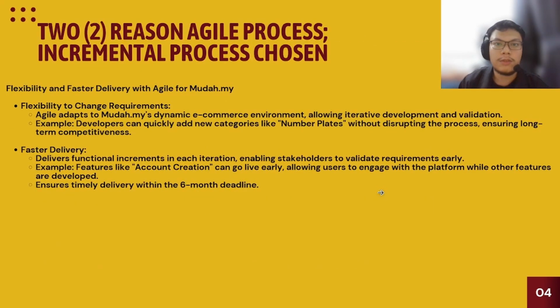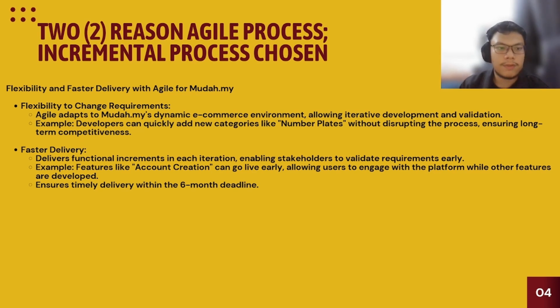There are two reasons why the agile, incremental process was chosen. First, flexibility to change requirements. Agile adapts to Mudah's dynamic e-commerce environment, allowing iterative development and validation. For example, developers can quickly add new categories like number plates without disrupting the process, ensuring long-term competitiveness.